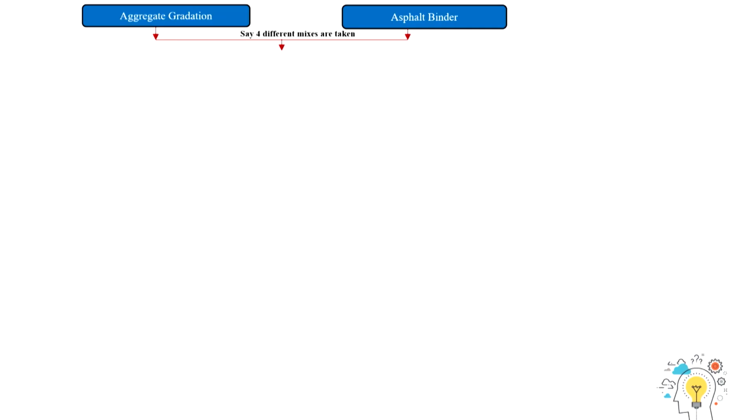So, first I have to select the aggregate gradation and the asphalt binder. Let us say I have selected an aggregate gradation and an asphalt binder, and I have prepared 4 different mixes, which means maybe if I am fixing the asphalt binder and the binder content, maybe I am varying the aggregate gradation. Let us say I have 4 distinct types of mixes available with me.